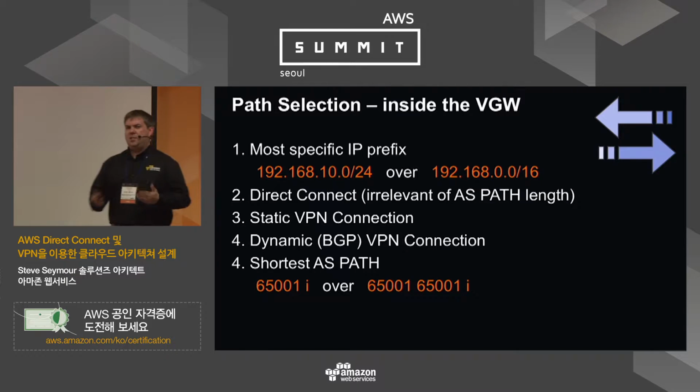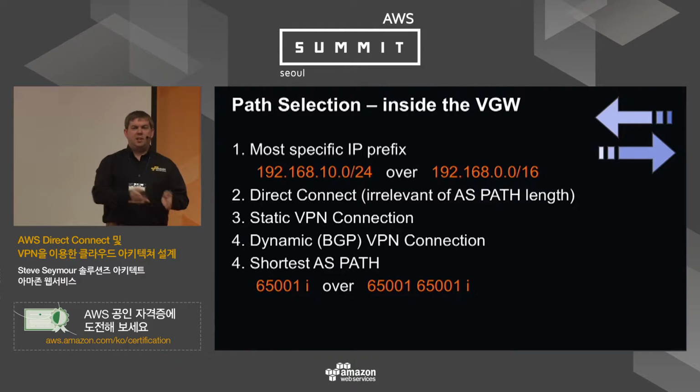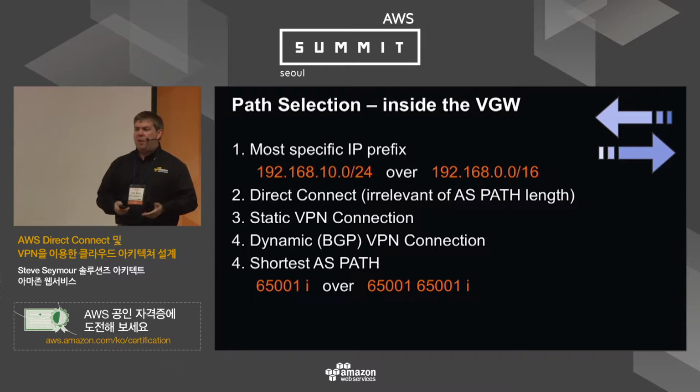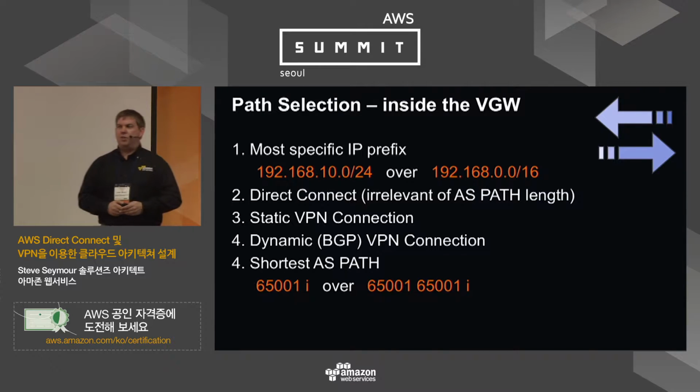Direct Connect is that dedicated fiber connection from your network to ours, so we will prefer Direct Connect before we prefer VPNs. And then as you can see, we work our way down. We have static VPNs first, then we have dynamic VPNs, and then finally, we look at the AS path. So how many hops across the networks is it to get to that particular destination? This is the path selection process.